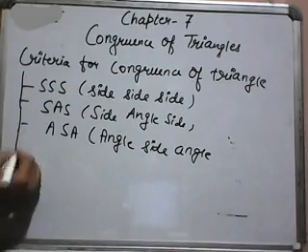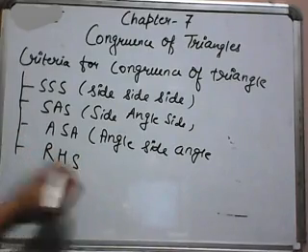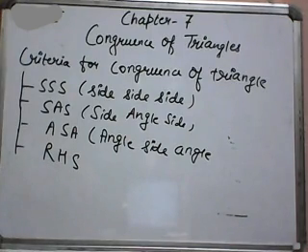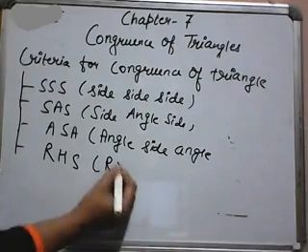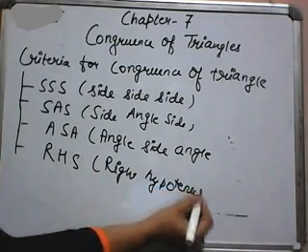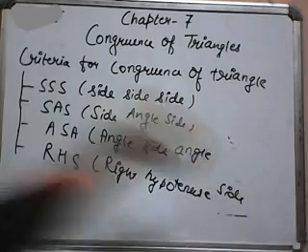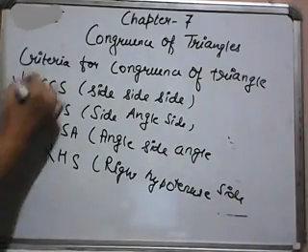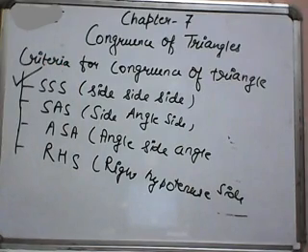Next is RHS. It means right angle triangle, right angle, hypotenuse, side congruence criteria. Let's discuss the first one, the side criteria.